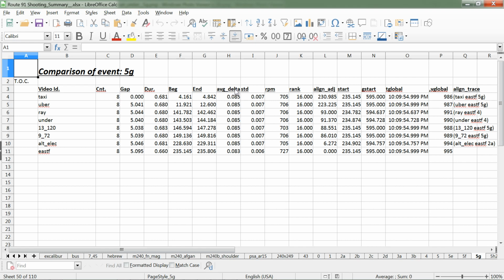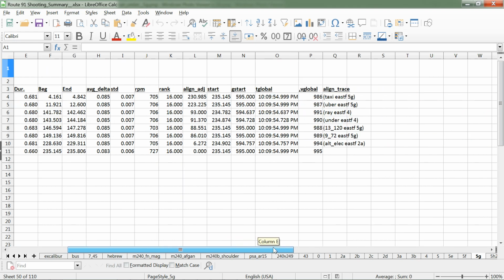And the average delta, once again, they all relate, and the standard deviation is all the same. So with the exception of E-Steph, these other 1, 2, 3, 4, 5, 6, 7 videos all agree very well for this event. And you can see that from the RPM.